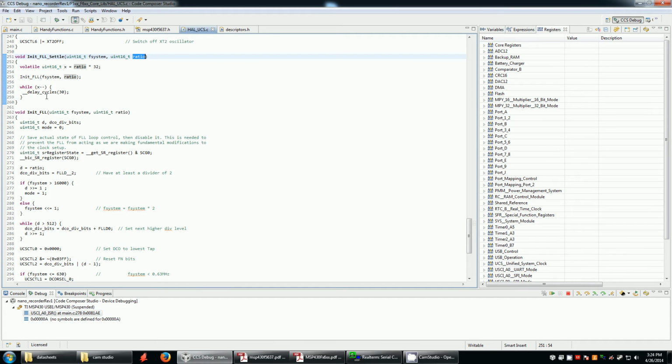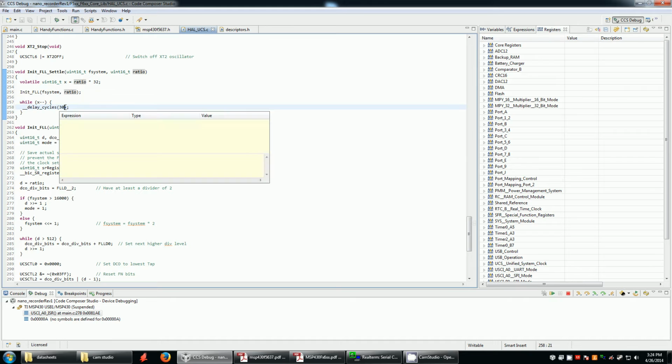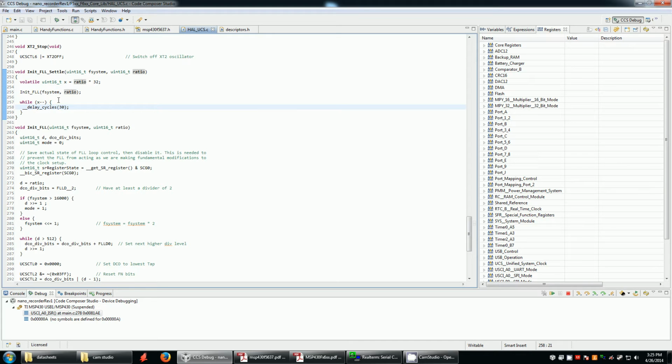So what they do is basically take this ratio, multiply it by 32, and that's x, and then you multiply that by another 30 because you loop 30 times, and that's your delay. So that's your system delay to let the frequency lock loop clock system settle.